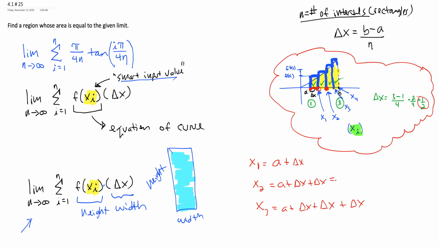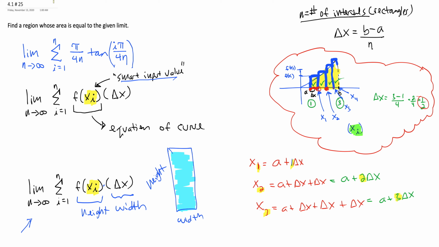We could just rewrite this. There's a cooler way to write the second one. I could write it as a plus 2 delta x. And there's a cooler way of writing the third one, a plus 3 delta x. Notice how that number matches that number, and that number matches that number, and how that invisible one right there matches that number.